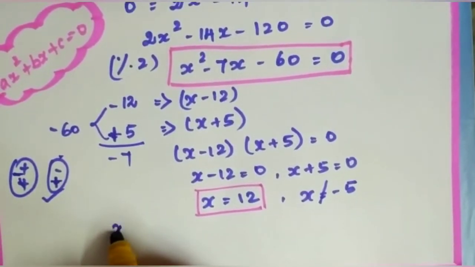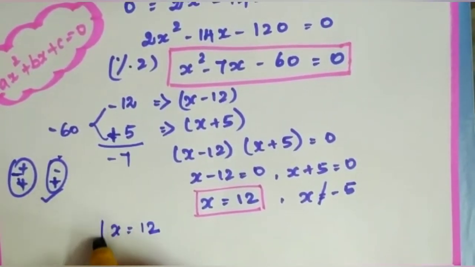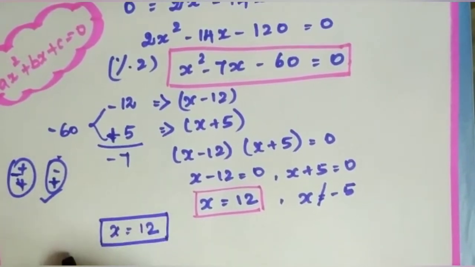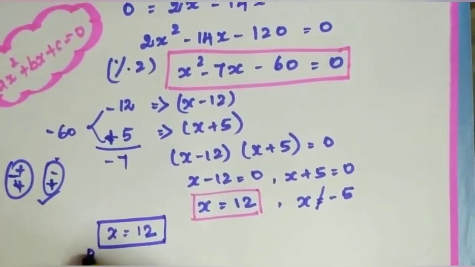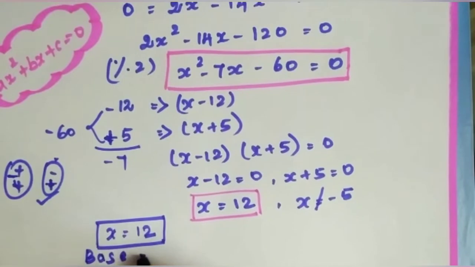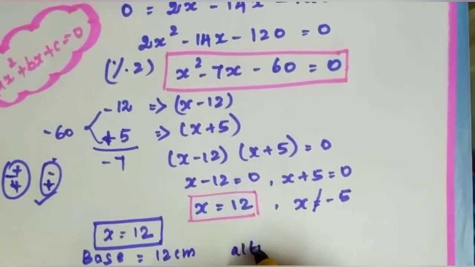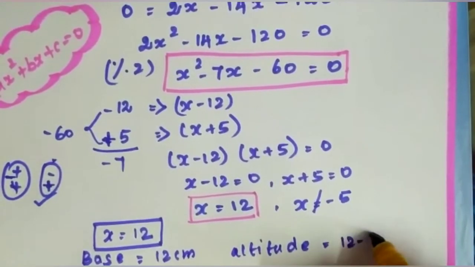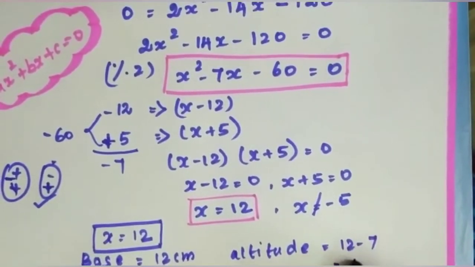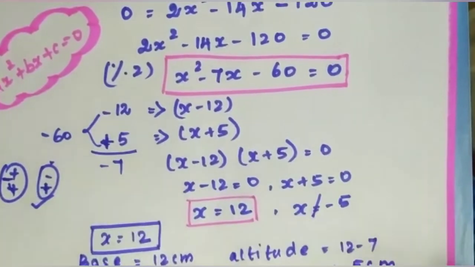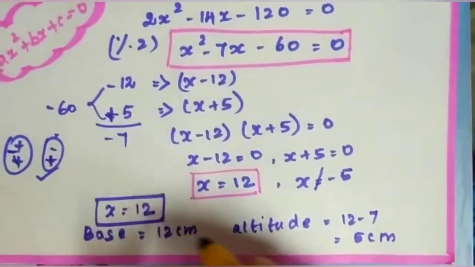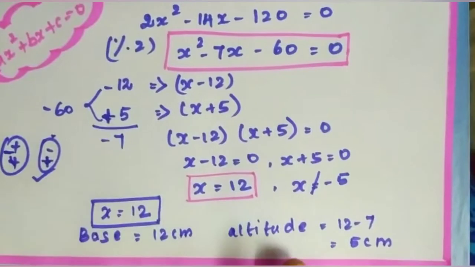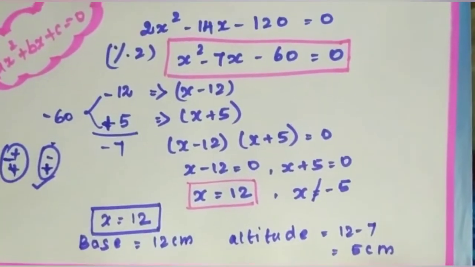If x is equal to 12 only you can take, it means the base is equal to 12 centimeter and the altitude is equal to 12 minus 7, which is 5 centimeter. Therefore, the base is 12 centimeter and the altitude is 5 centimeter.